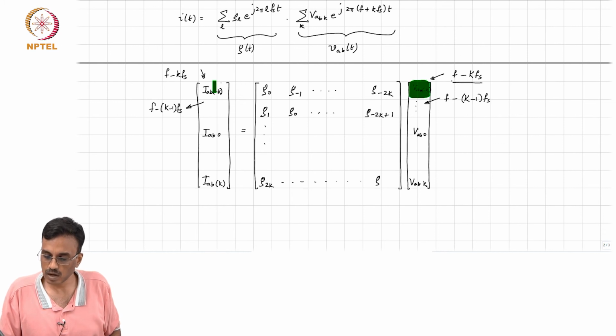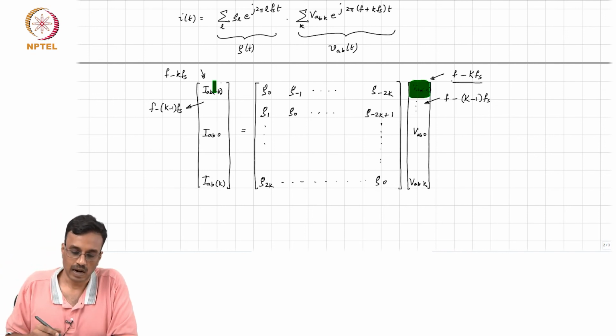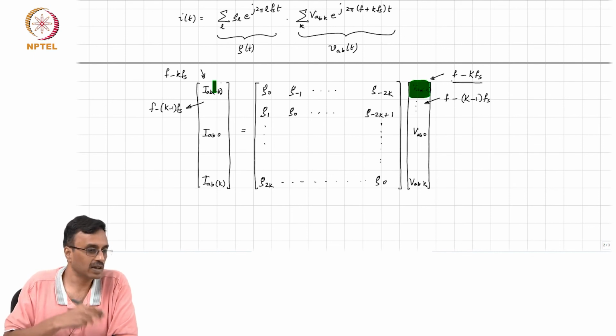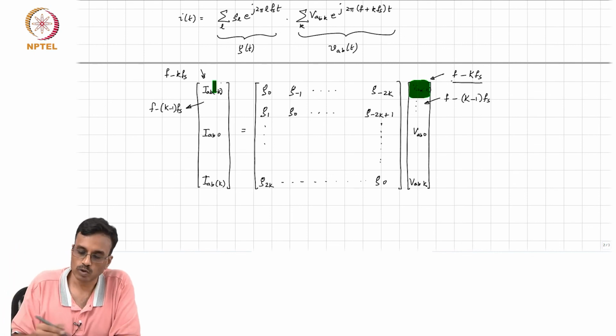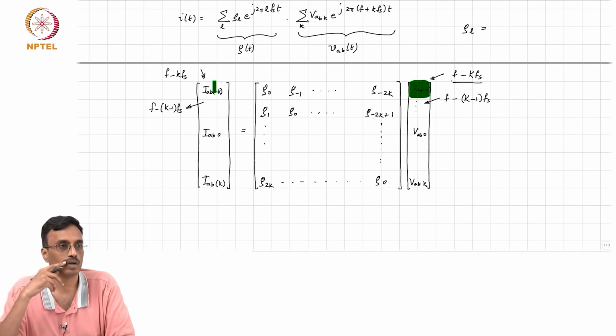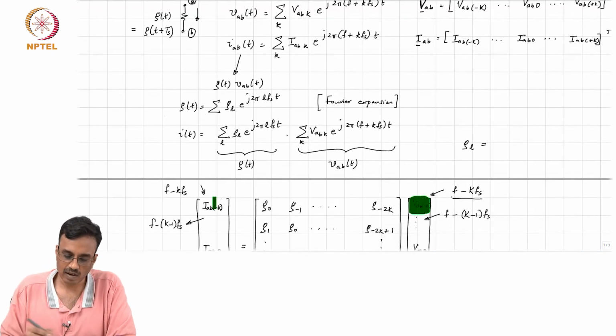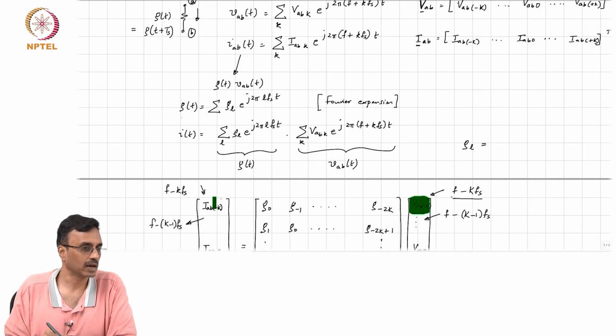This will be G. And by the way, g of t is a real function, correct?